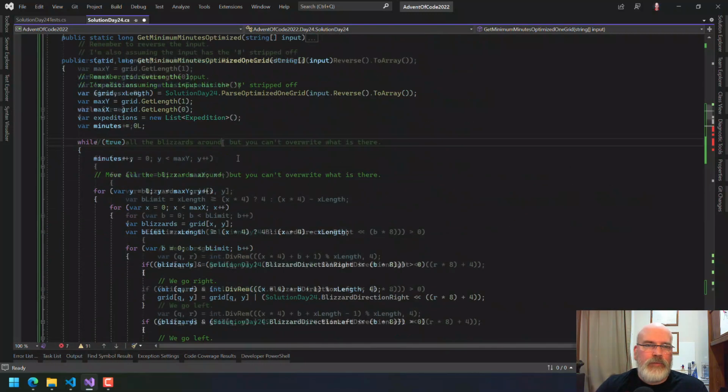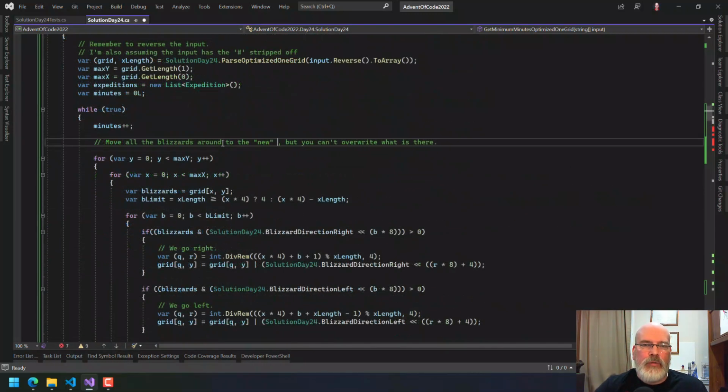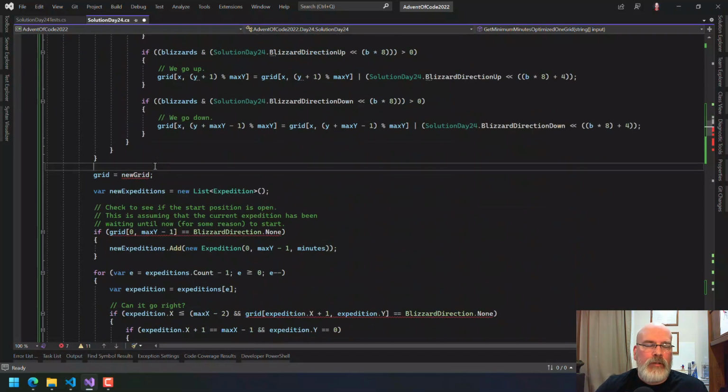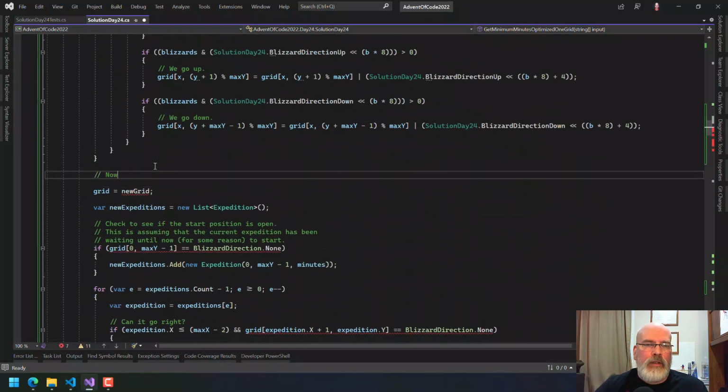Now, to the new bits sections. Okay. Now move all of the new bits to the current.